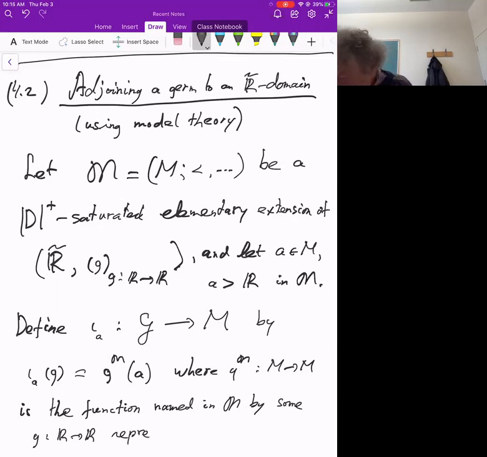We use g because it's annoying to have to change notations all the time. So there are at least three g's here: the germ, the representative of it, and then the name of that representative in the language, which is a linguistic thing, and then the function on M that it names.